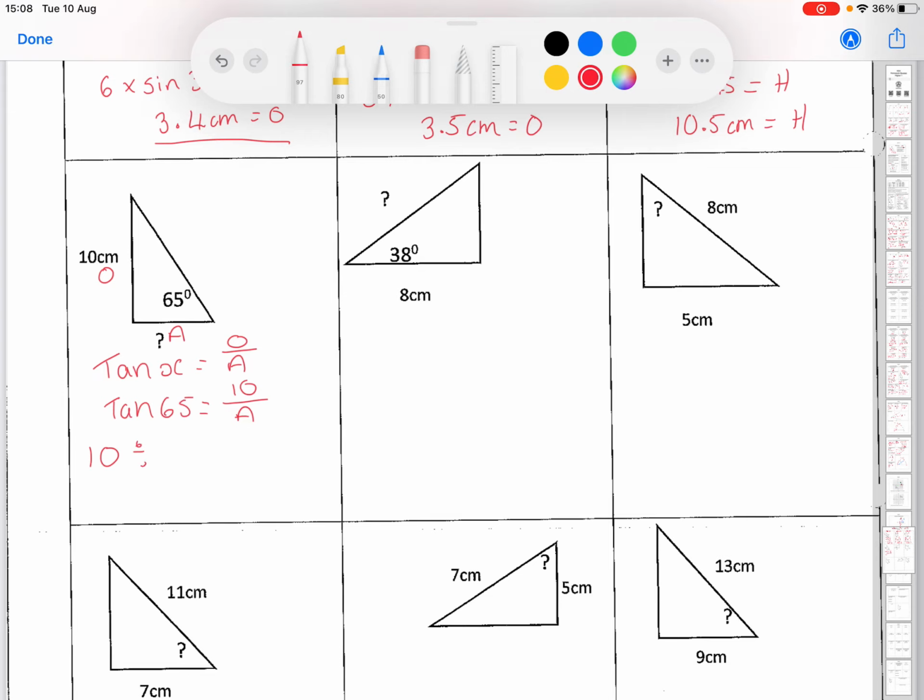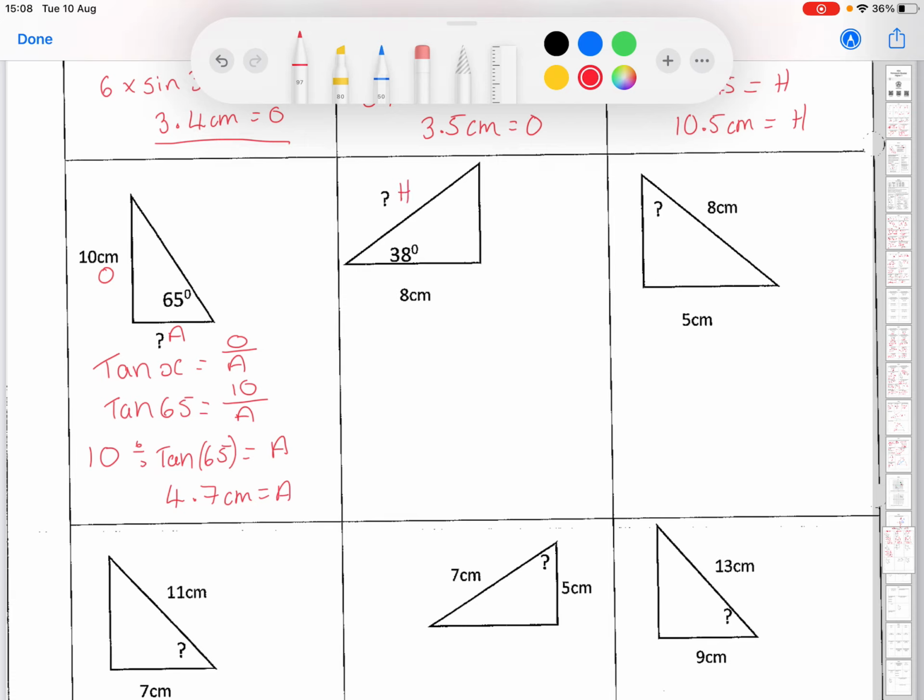The thing we're trying to find is on the bottom, so we're going to divide. So we're going to do 10 divided by tan of 65 to give us our A. If we put all that in our calculator, don't forget to put brackets around that 65 and close our brackets, we should get 4.7 centimetres as our adjacent length.